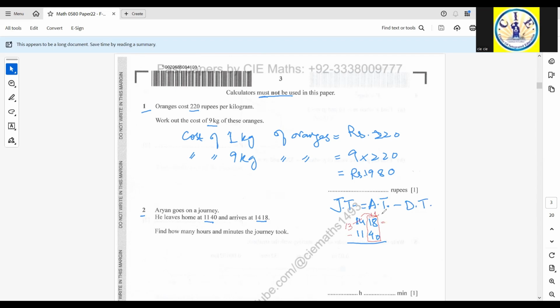But don't forget that this one is 1 hour, so in the minutes column it would be 60 minutes plus 18 minutes, which gives me 78 minutes. Now from 78, I'm subtracting 40 to give 38 minutes. And from the hours, I'm going to subtract 11 from 13 to have 2. So the journey took 2 hours and 38 minutes.